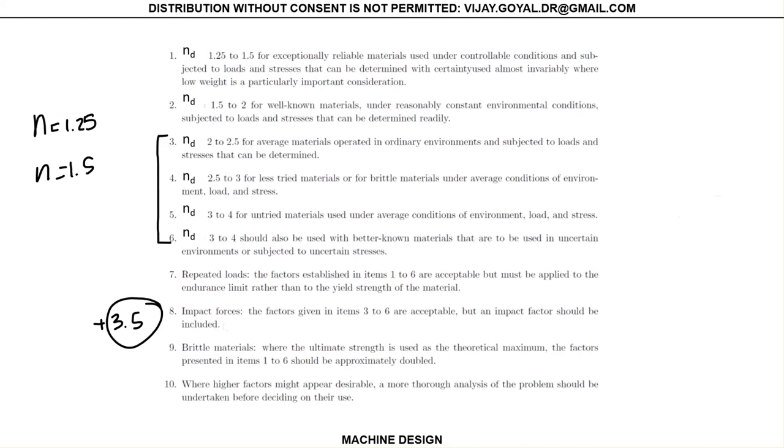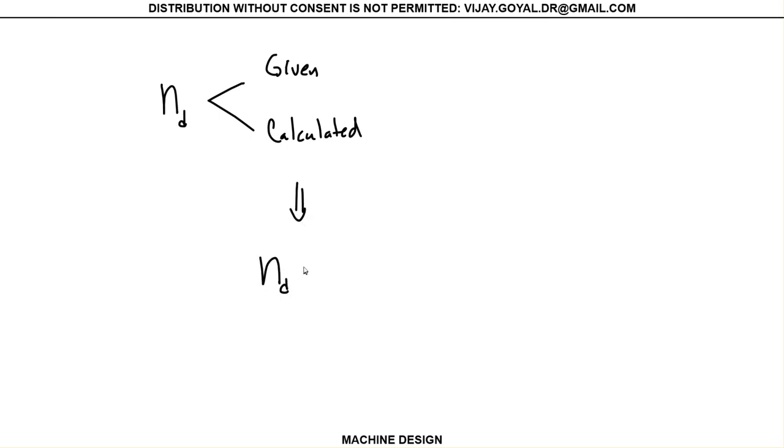In a nutshell, what you're really trying to do is find a design factor. This is either given or it is calculated. Either way, at the end of the day, you take the design factor and multiply your loads by it.